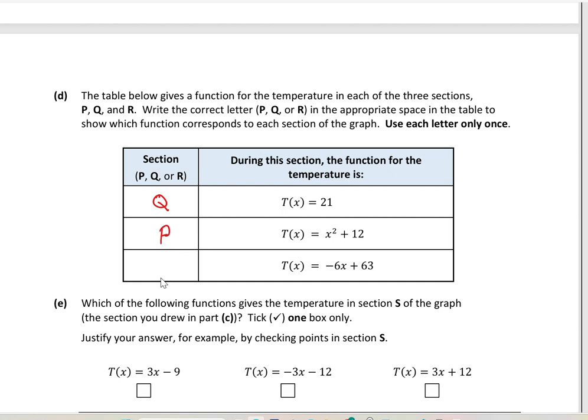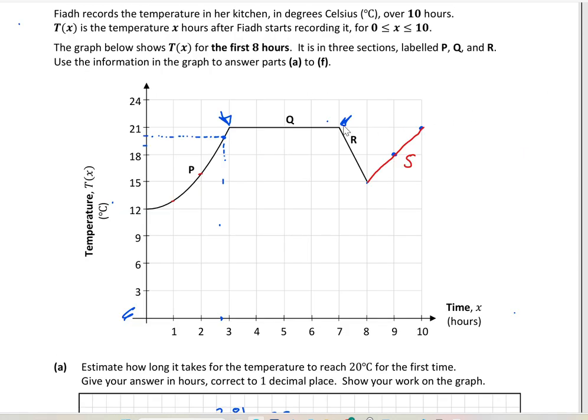By process of elimination, the last one is R, and you can see here that there's a negative. Negative 6 by 2 is negative 12. R is the decreasing section here. Yeah, okay. So 6 eighths is 48, negative 48 plus 63 is 15. Yeah, that's right, that's fine.